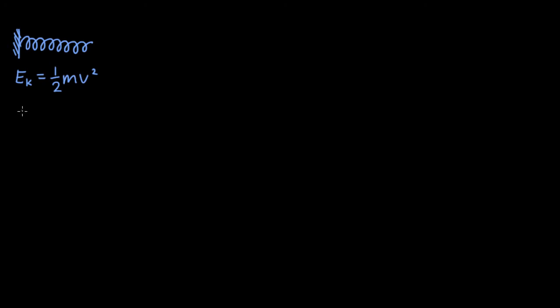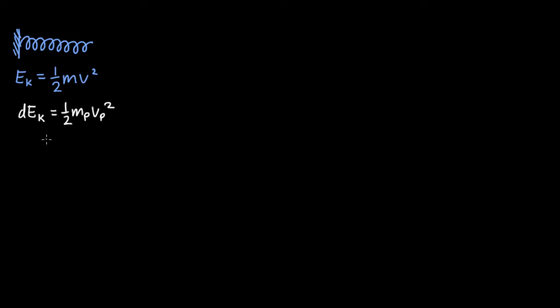The kinetic energy of a point on the spring, let's call it dEk, equals half times the mass of the point times the speed of the point squared. Now, what's the mass and speed of a point?